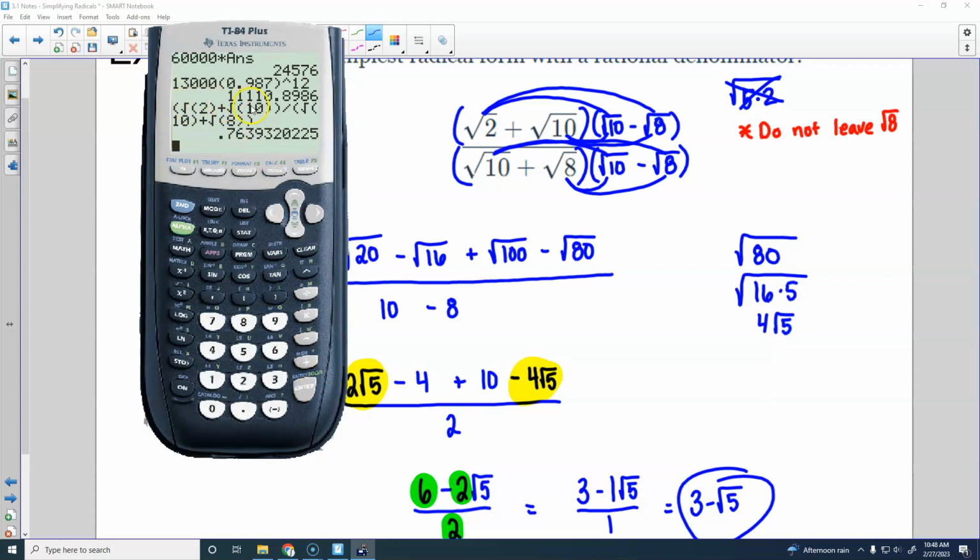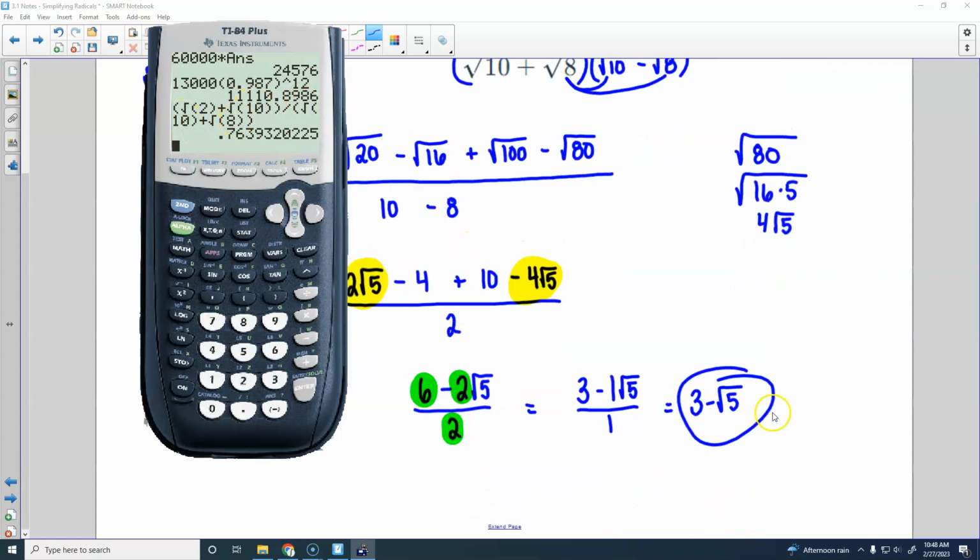So my answer should give me that same decimal because I am changing what my answer looks like, but it should still have that same value.